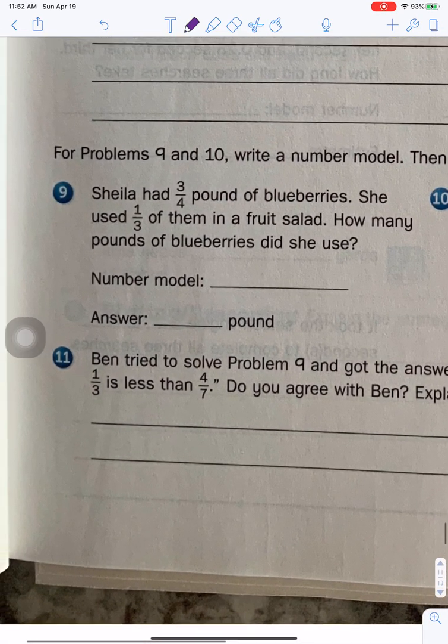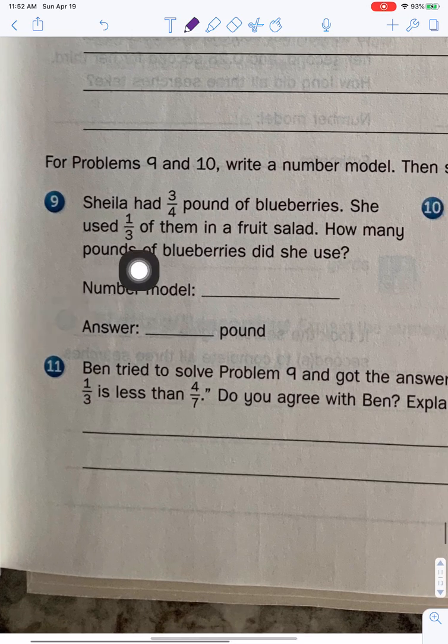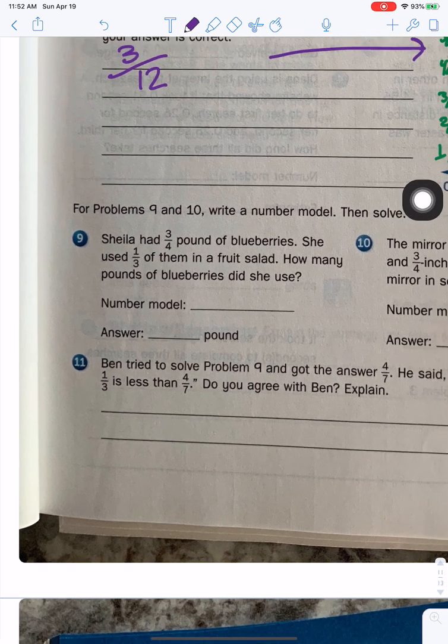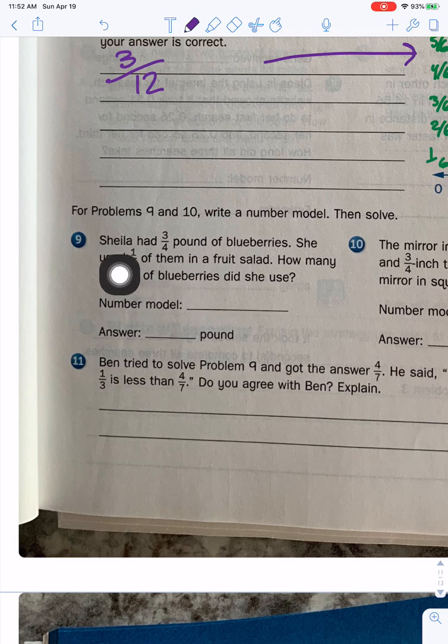For problems 9 and 10, write a number model, then solve. Number 9, Sheila had 3/8 pound of blueberries. She used 1/3 of them in a fruit salad. How many pounds of blueberries did she use? So if she had 3/4, she used 1/3 of them.